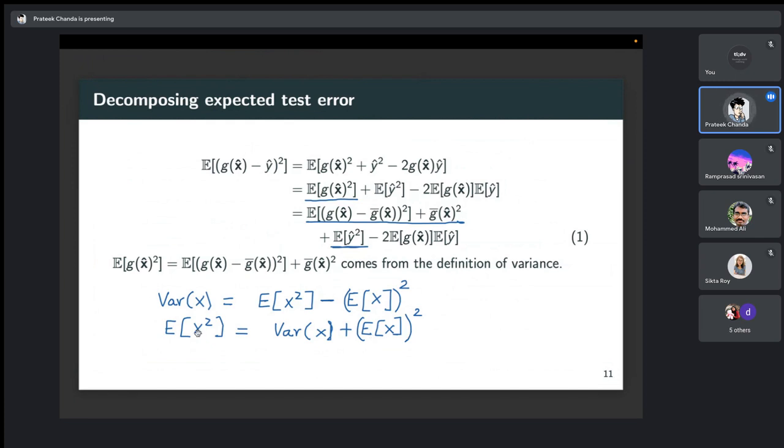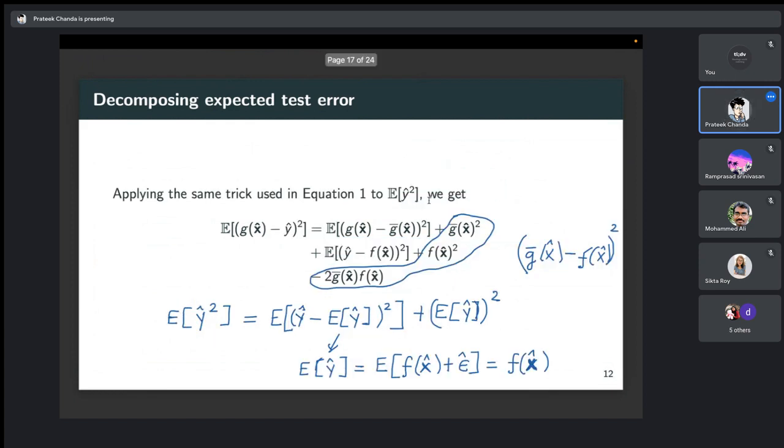Instead of x here, now I have g of x hat, and in the same way, just replacing that, I get the expectation of g of x hat whole squared as follows. So this is the variance of g of x hat, and this is the expectation of g of x hat whole squared, so g bar of x hat whole squared. It comes from the definition of variance. I replace this thing here, and I keep the other things the same as before.